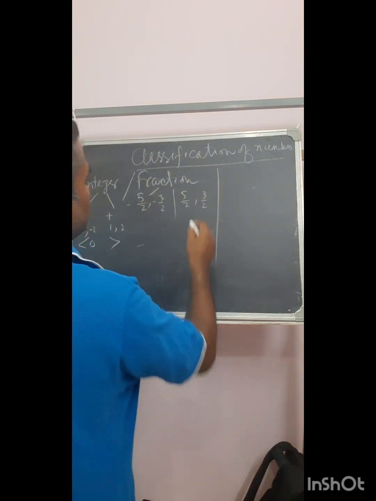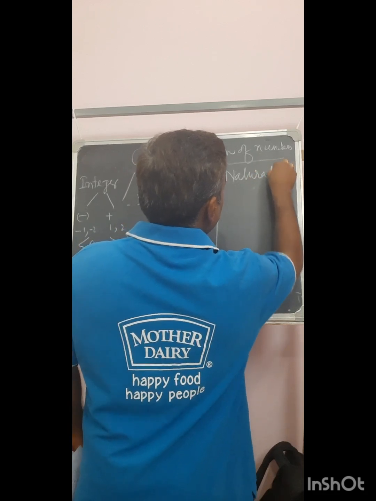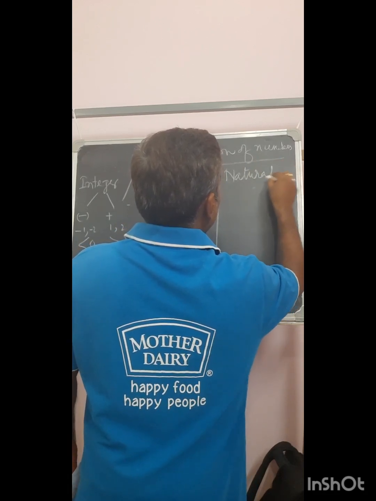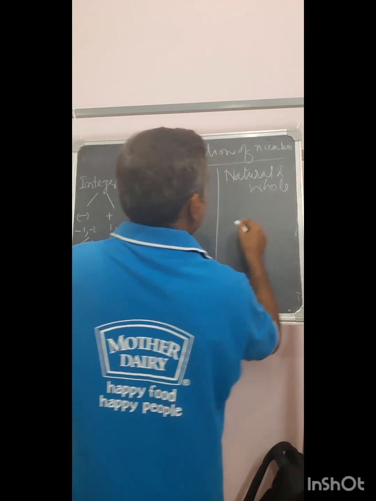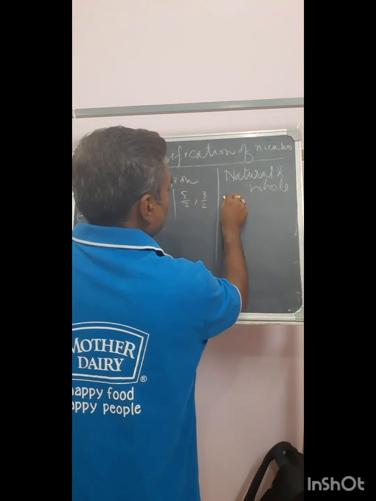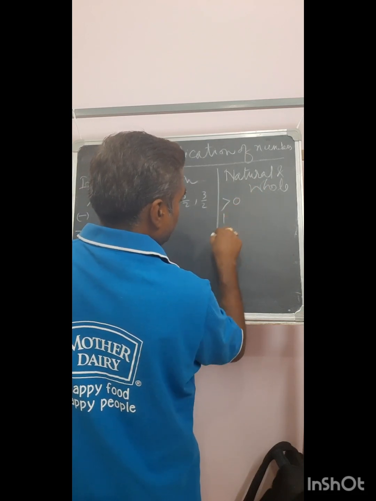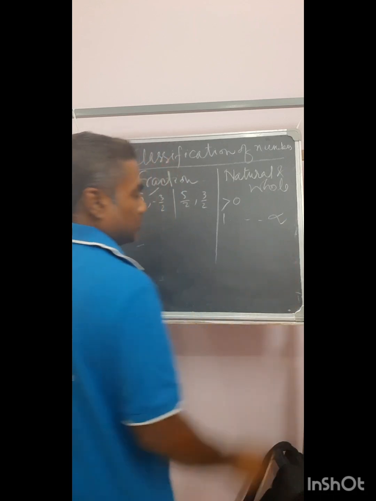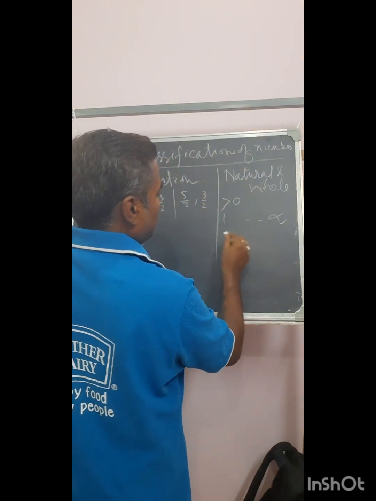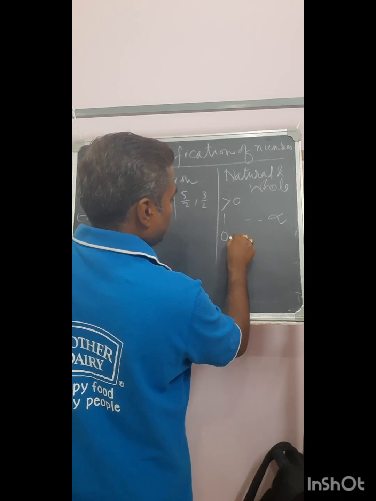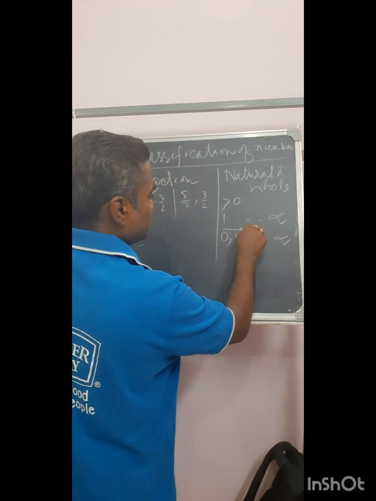Then after, the natural number and the whole number. So what is that? Natural number is the number, all positive integers more than 0, starting from 1 to infinity, but not including 0. Whereas the whole number is the number including 0 and any number afterwards on the positive side.